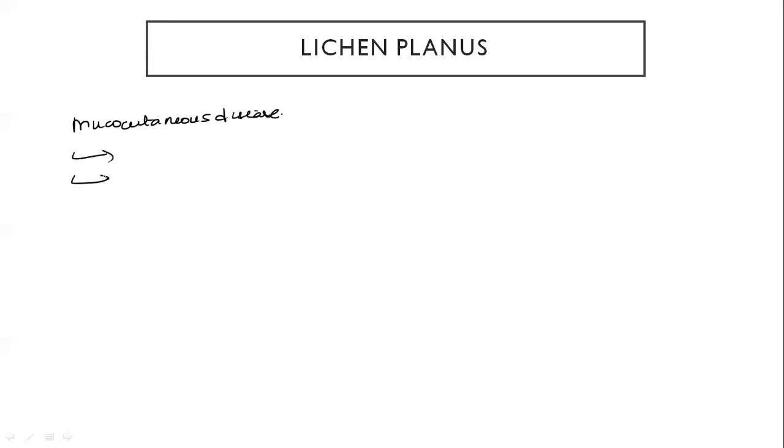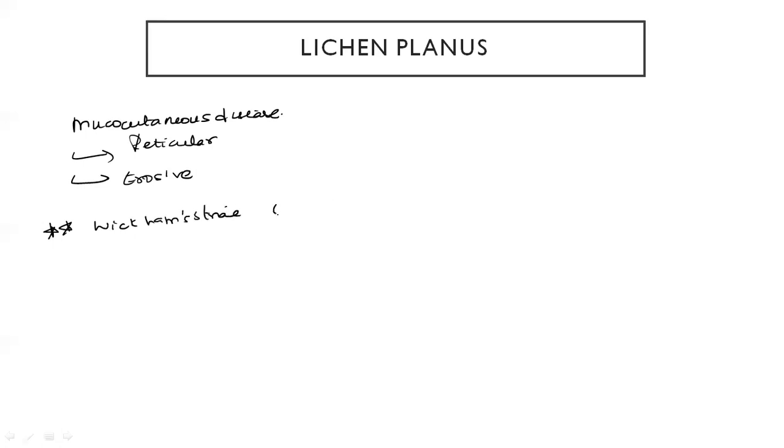There are different types, but the reticular type is the most common type, and the next common type is the erosive type of lesion. An important feature of lichen planus is Wickham's striae, where the lesion looks red with surrounding white lesion. That is called Wickham's striae.